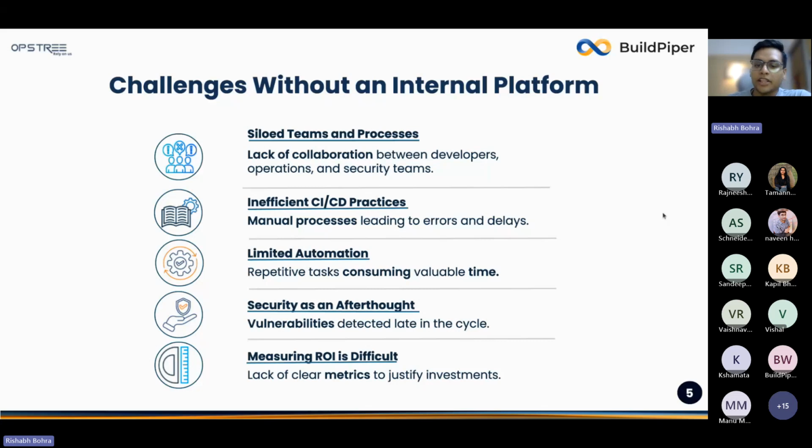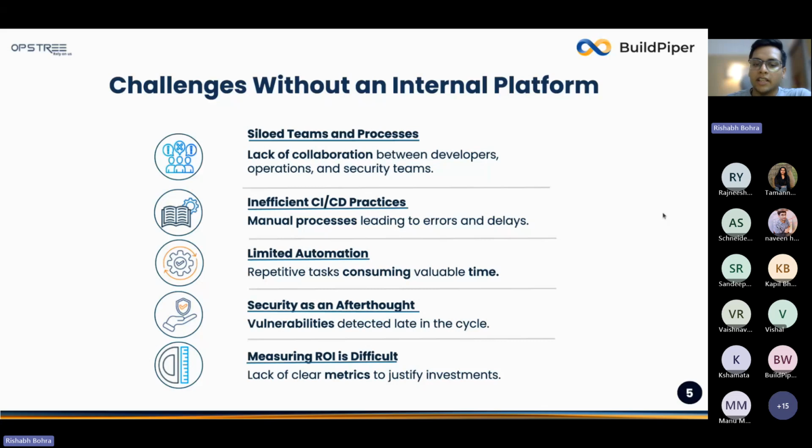The next pointer is about security as an afterthought. As I mentioned earlier, previously security was not the front face, or it was considered as something which could be leveraged if you have time, if you have bandwidth, and if you have the amount to bear the cost of maintaining the entire security team and having the right set of enterprise or open source tooling to scan your software, and then have the vulnerabilities identified right at the beginning of the software development lifecycle.